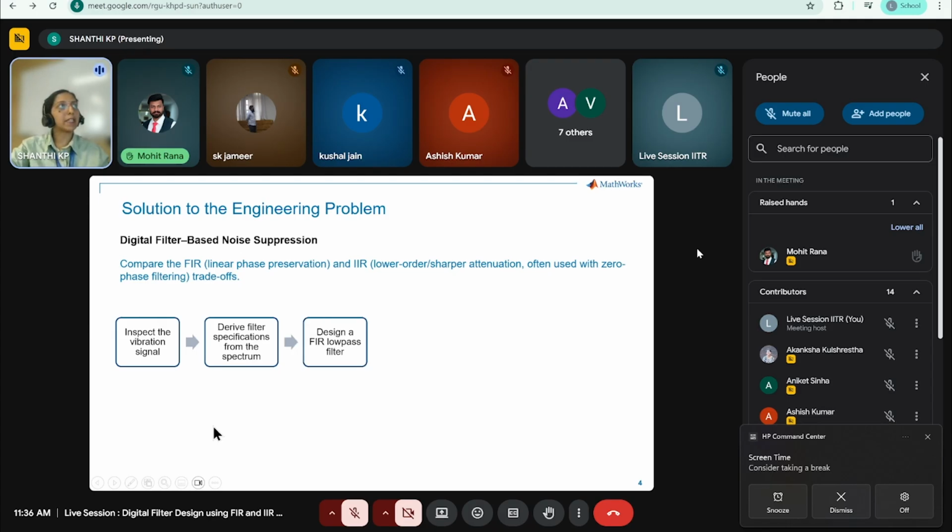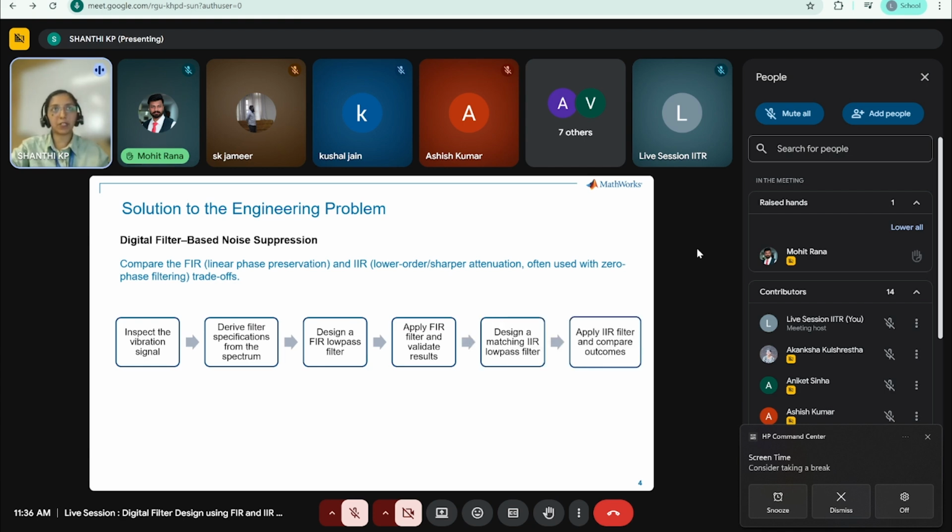With the identified specification, we'll first design an FIR filter, apply it to the noisy vibration signal and validate the results. After this, we will design an IIR filter and apply it to the noisy vibration signal. Finally, we'll compare the results from IIR filter and FIR filter and draw some conclusions.